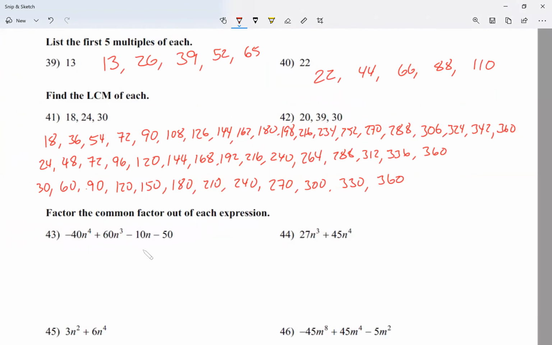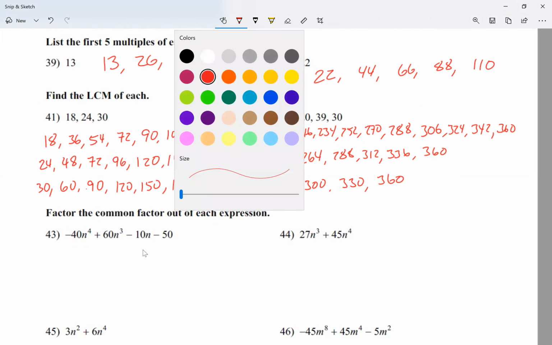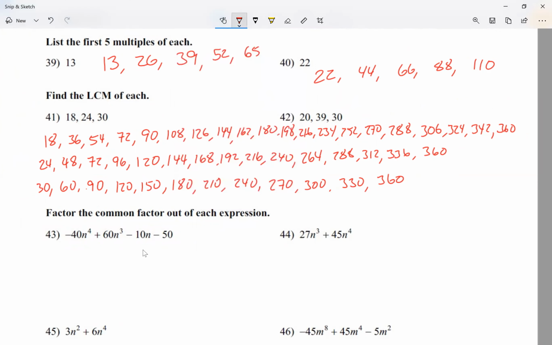Okay, you might have to go with a big list. So I see a common multiple. My question here is, do we see a smaller common multiple? No. So 360 will be it.